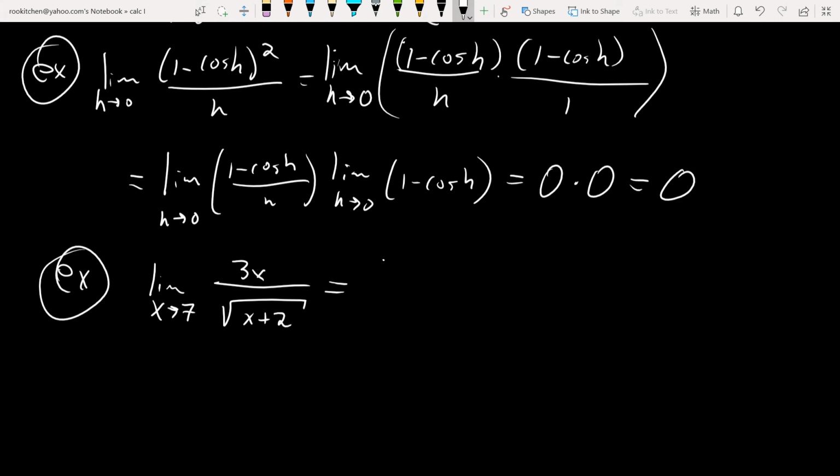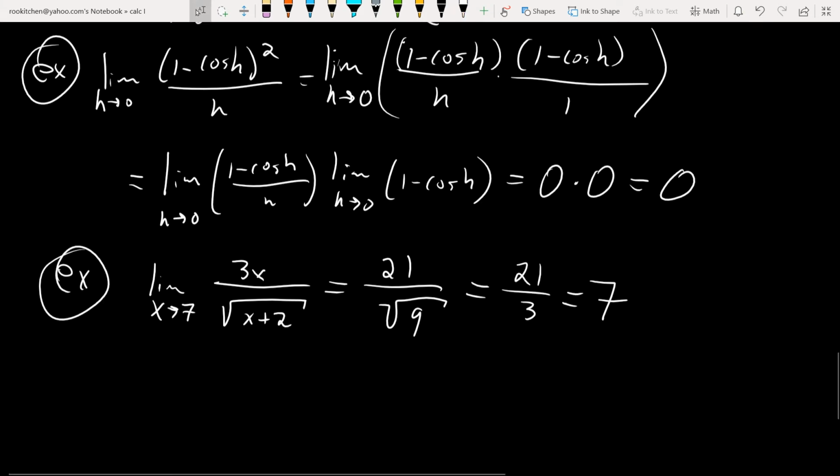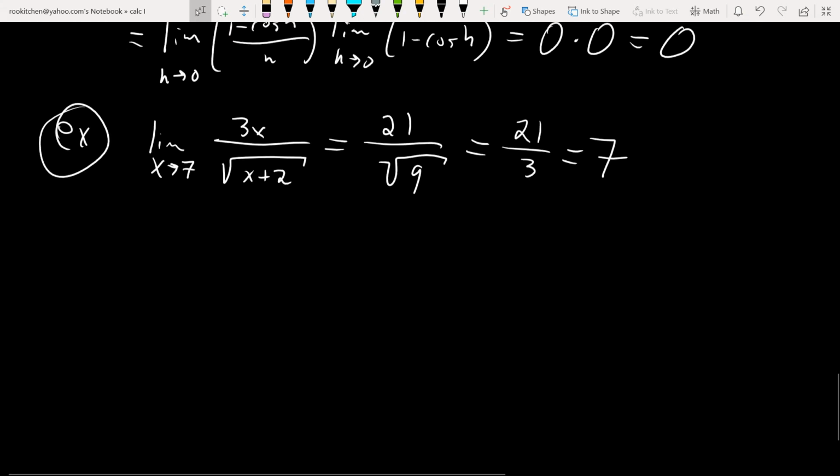So you get 3 times 7 in the numerator is 21, all over the square root of 7 plus 2, which is 9, and then that's 21 over 3, which equals 7. Okay, so you don't have to do all this little splitting up and stuff like that. Usually, I mean, if it gets difficult, yes, you should do that. But for simple ones, it's a substitution type deal.